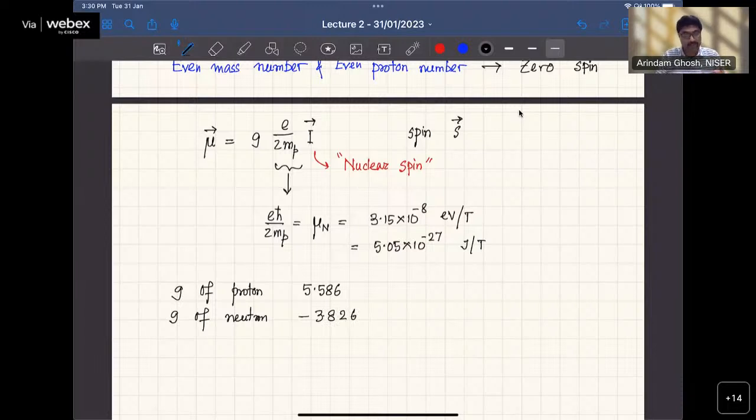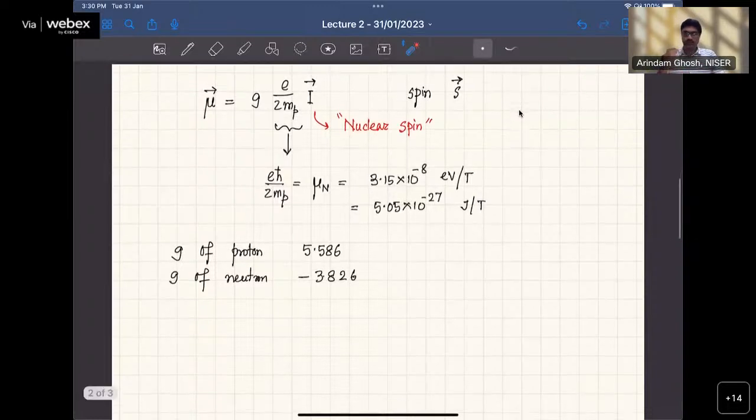Again, just like the spin, when we have multiple protons and multiple neutrons put together inside the nucleus, the g that the nucleus gets out of this combination is not a direct algebraic sum of these numbers. No, they're not. Just like the spins get changed, the g of a particular nucleus will also be something else.